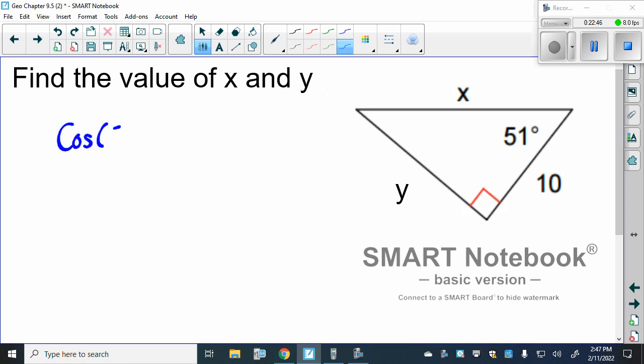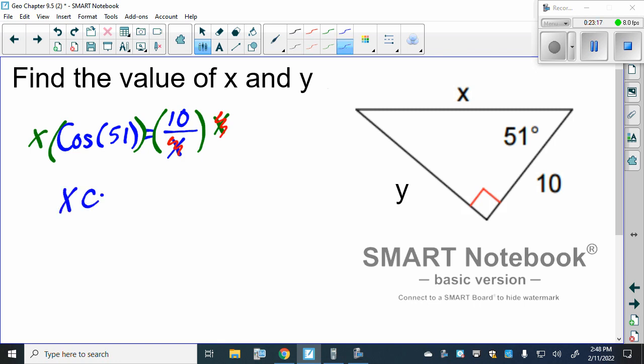So we take cosine of 51 degrees is equal to the adjacent side over the hypotenuse. Well, our adjacent side this time is 10, and our hypotenuse is x. So what would we do next? We would multiply both sides by x. And here the x and x would cancel out, telling us that x cosine of 51 degrees is equal to 10.